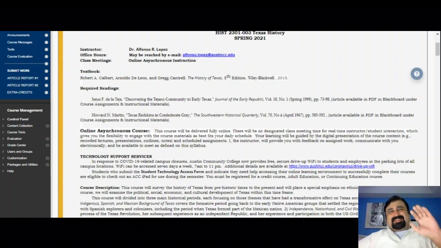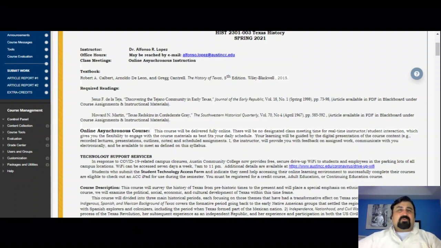There will be, in addition to this textbook, a couple of required readings that you don't have to purchase. Those are articles that are already posted on Blackboard, by the way. They're in PDF files there.